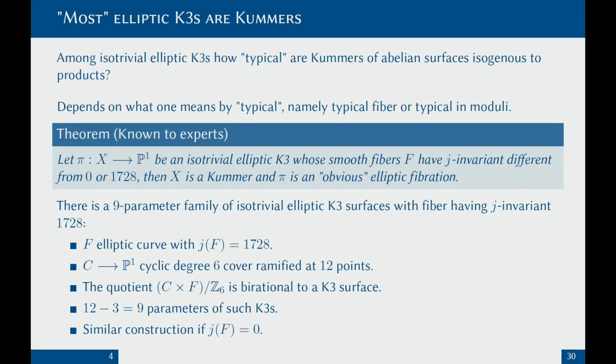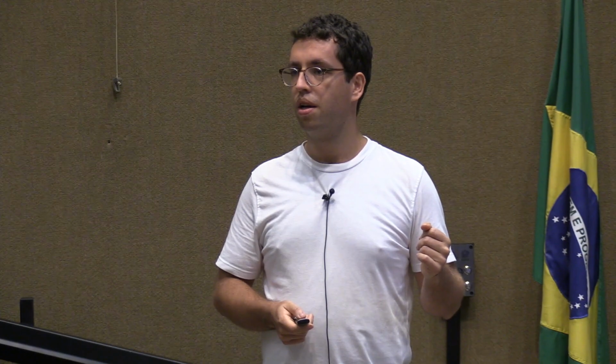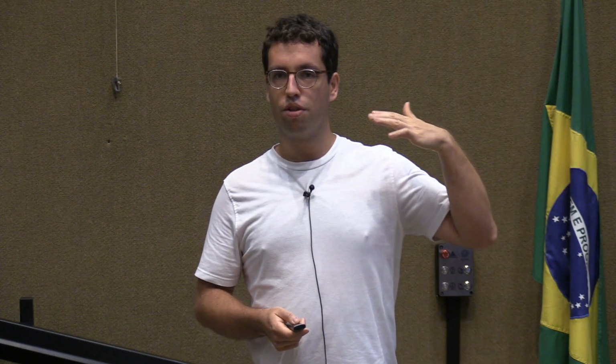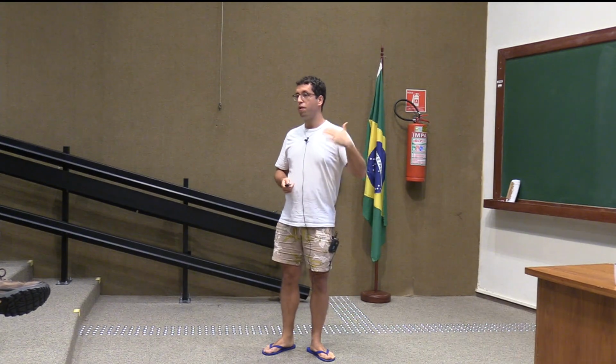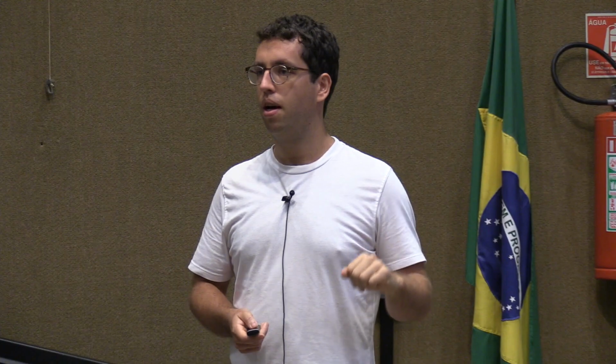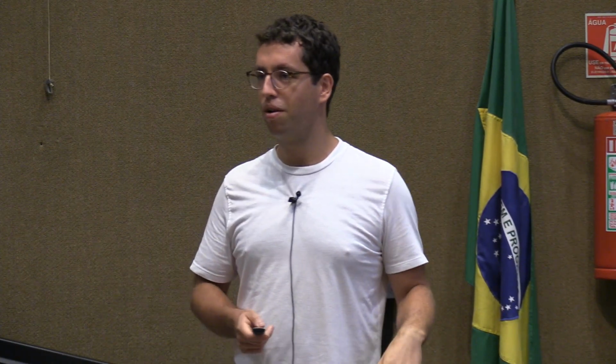Yes? So if we assume that there's a section, then you can write down a complete list, and we do that in our paper that has yet to come out, but I think that's been known for quite a while.